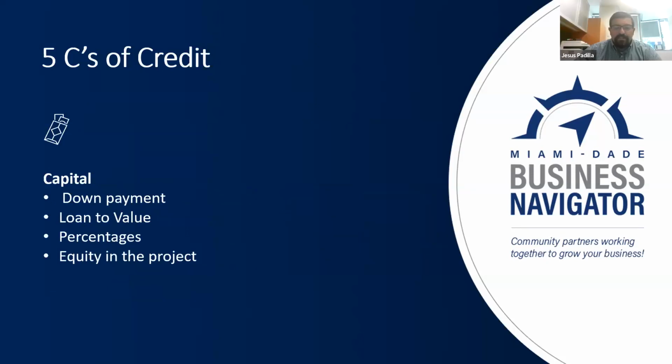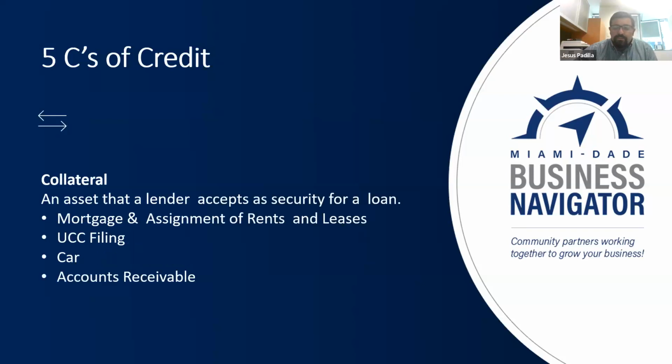And then this will come into play based on the capital side, based on what's the equity at hand for the project, the down payments that you have, along with the percentages, pretty much like all the key ingredients of the necessary capital. While doing so, it parlays with the collateral. What are the assets that the lender will be accepting as security for that loan? So in case you don't repay that loan, what is the bank going to be getting back as the insurance?